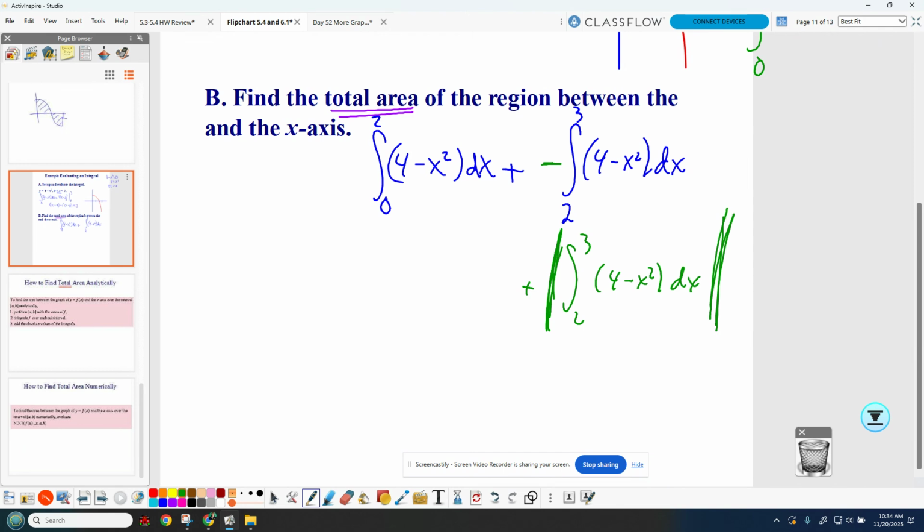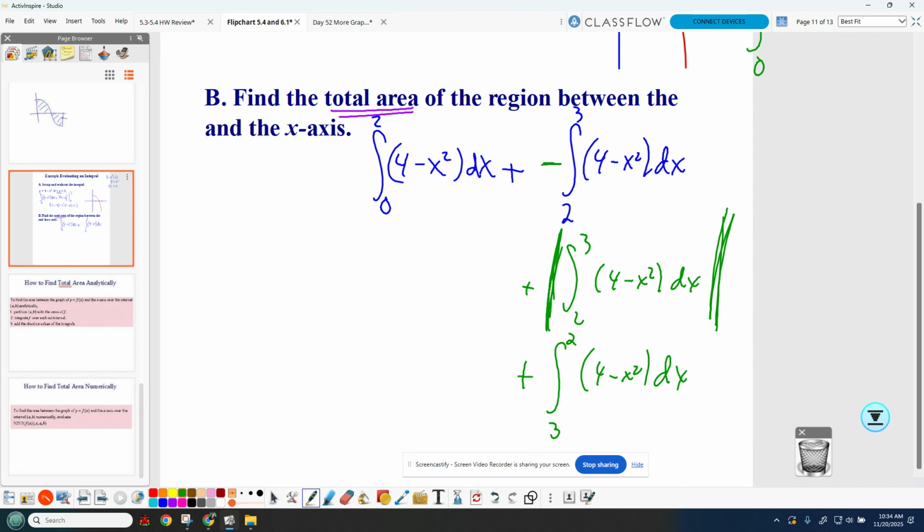There are more options. Francesca, did you have a different one? Evaluate from 3 to 2. So adding from the other direction, because flipping the bounds changes things. So there are a whole bunch of options.